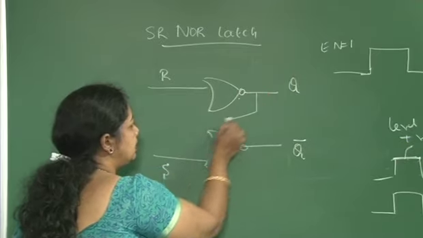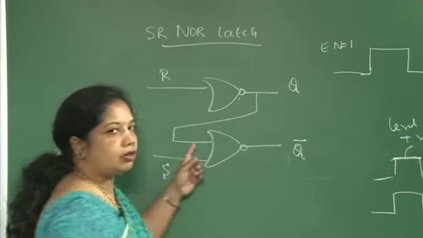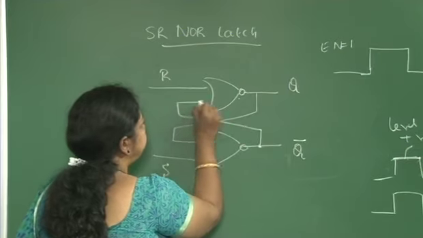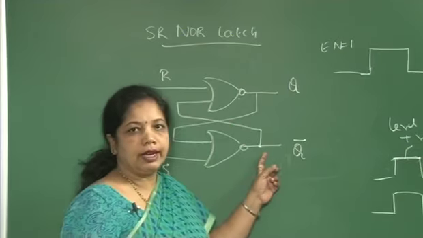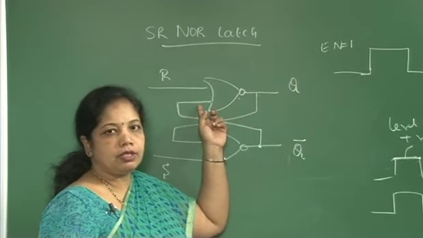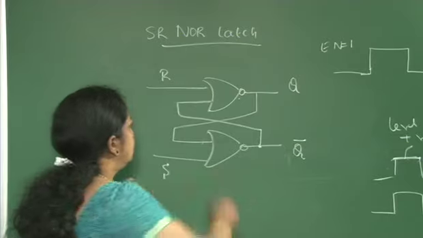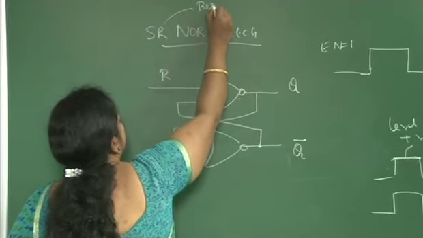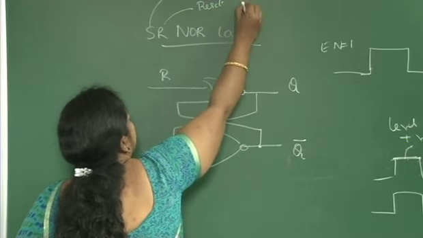Similarly, the output of the second NOR gate is connected back to the input of the first NOR gate. Here R is nothing but reset, S is nothing but set.